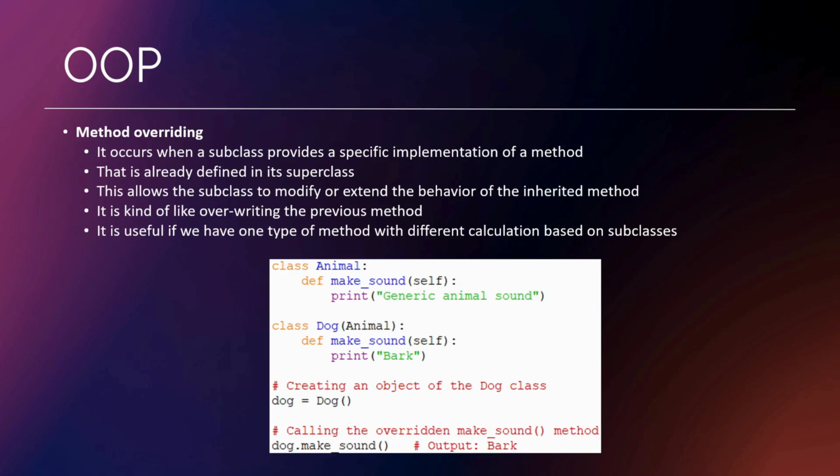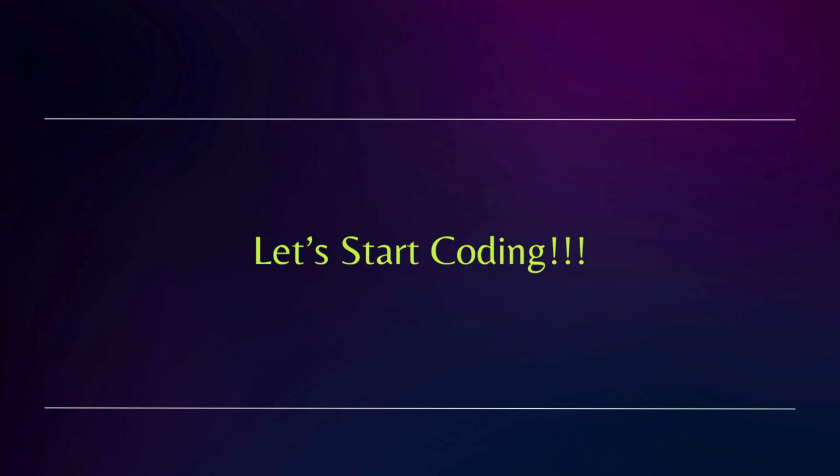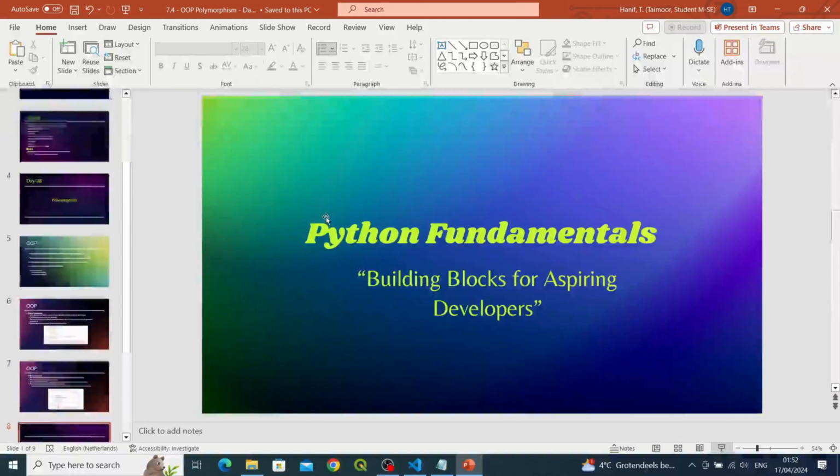This allows the user to use the same method name, so it is not too much information for the user, and it is also easy for us to code. The concept is pretty simple, but we will start coding and have a look at it.